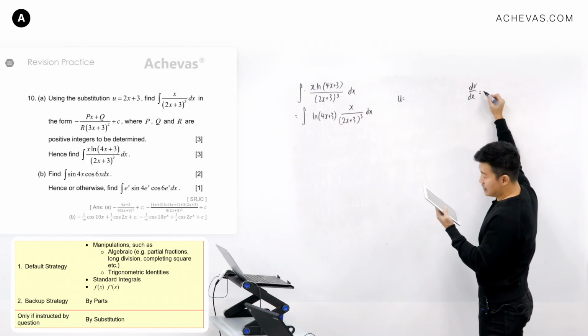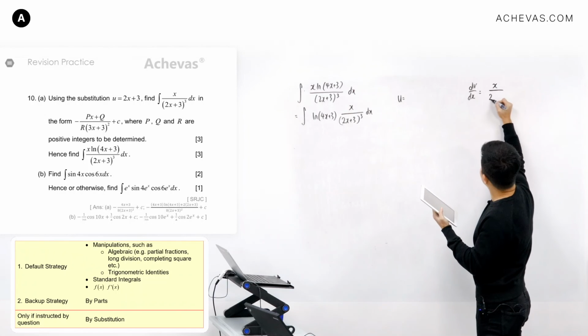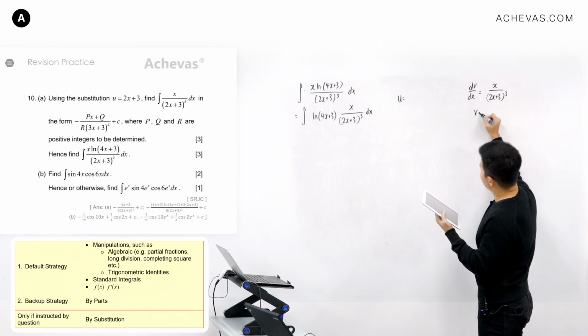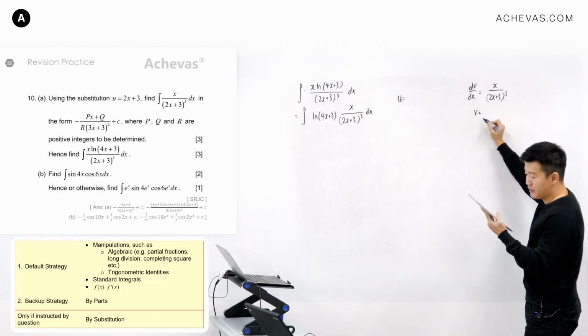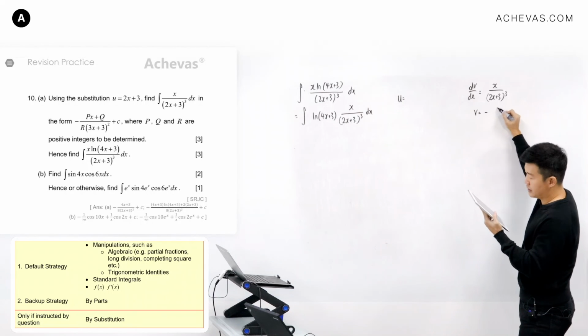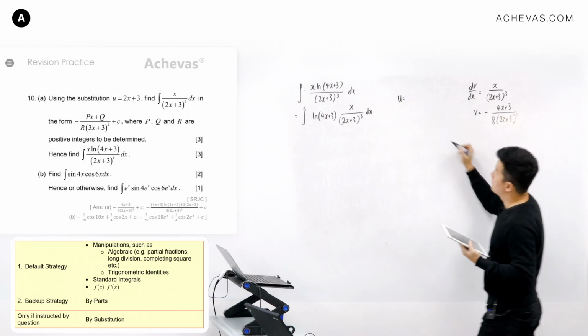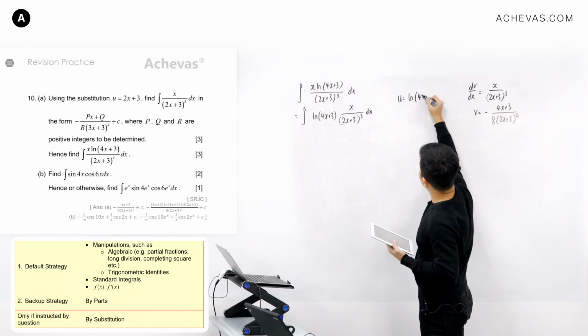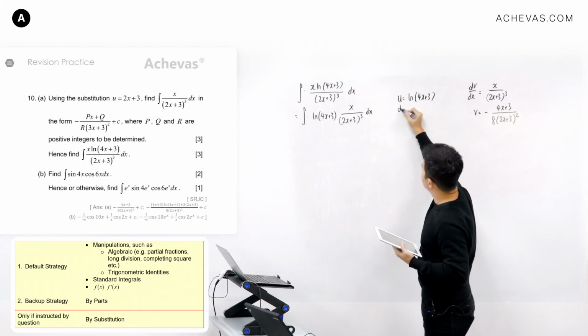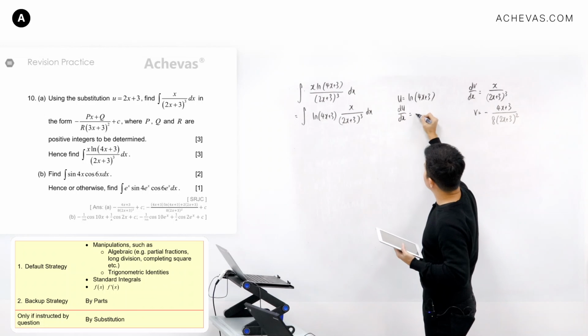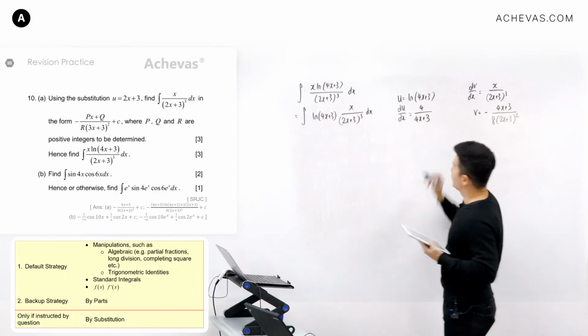I'm going to let dv dx be x over 2x plus 3 cube, where v is the result I've gotten in the previous part, which is minus 4x plus 3 divided by 8 times 2x plus 3 squared. u is ln of 4x plus 3, so du dx here is going to be 4 divided by 4x plus 3.